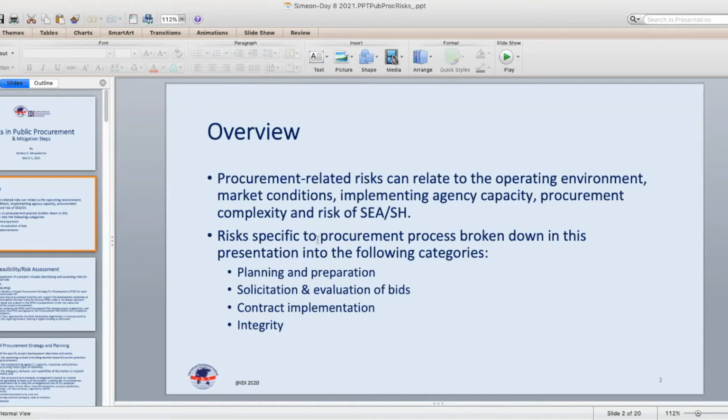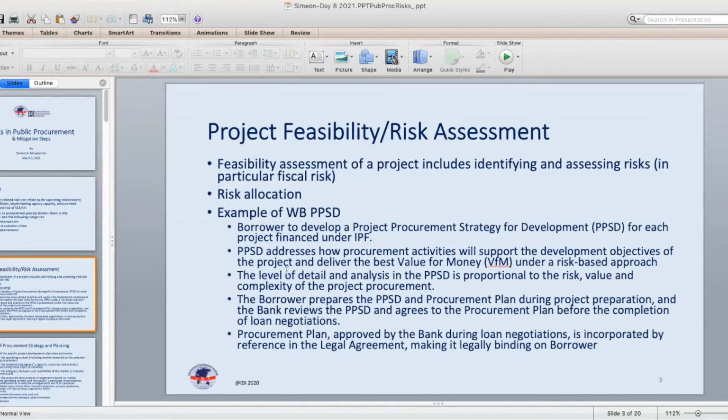So the presentation looks at planning and preparation risks, solicitation and evaluation of bids, contract implementation, and integrity. A few minutes ago, we mentioned the contract. Parashu mentioned the problem of contract management risks.